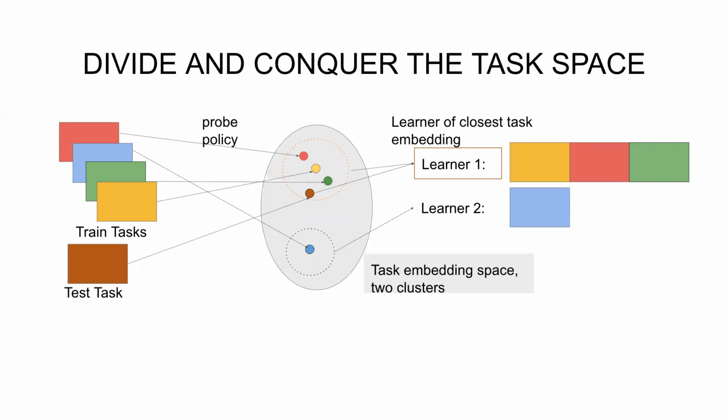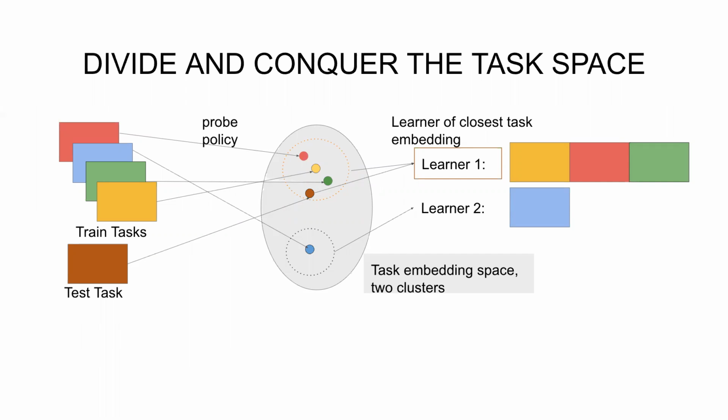The idea of the algorithm is the following. We have train tasks, which we embed using an embedding function into an embedding space that summarizes the task, and we construct this embedding using what we call a probe policy.